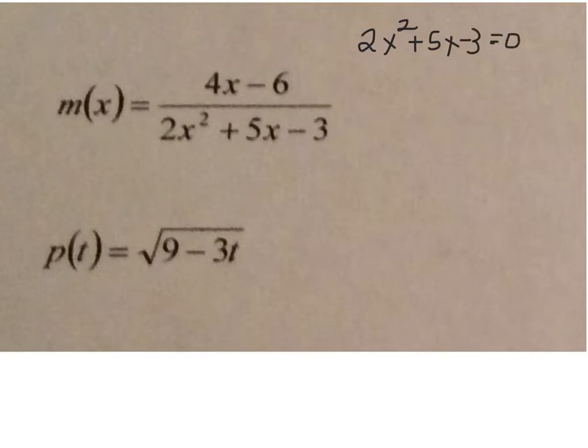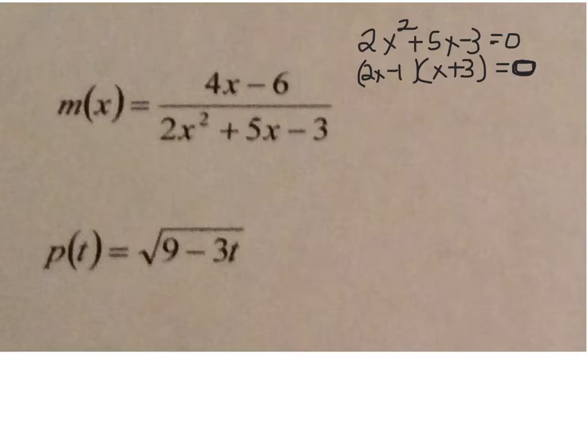This is something I'm going to have to factor. Since we're not dealing with factoring here, I'm going to go ahead and factor this for you. So use your favorite method to factor this. When I factored this, I got 2x minus 1 and x plus 3 as my binomials.